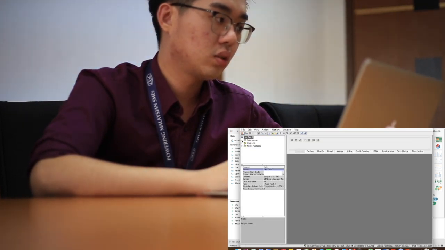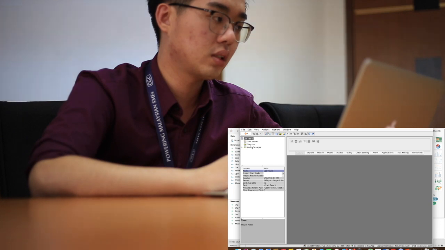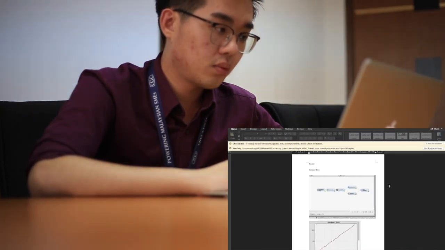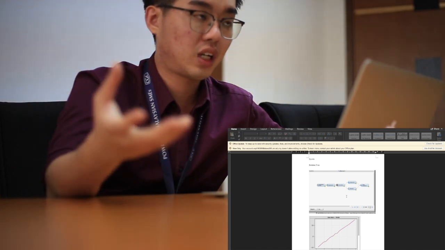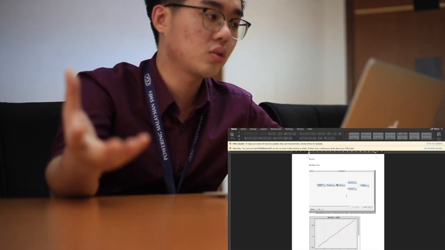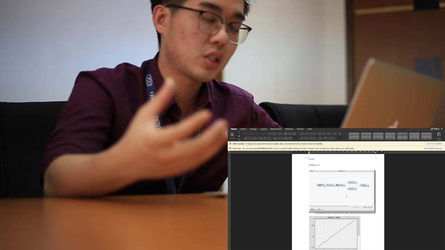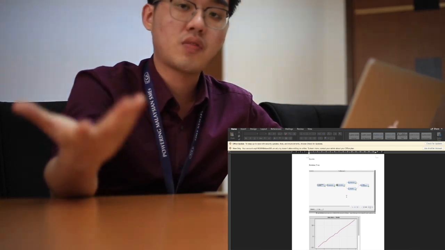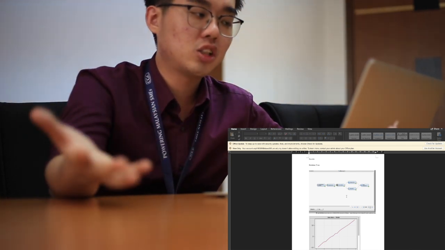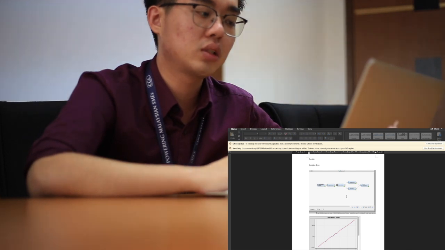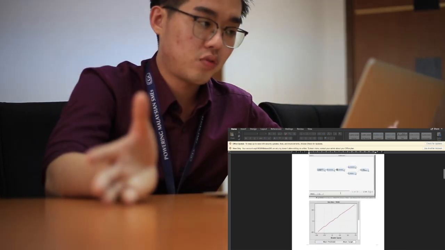This is the diagram for the decision tree. We use clean data. I used Python to clean it. After cleaning, I replaced the missing values, and after that we partition the data. We partition the data in SAS 50-50.